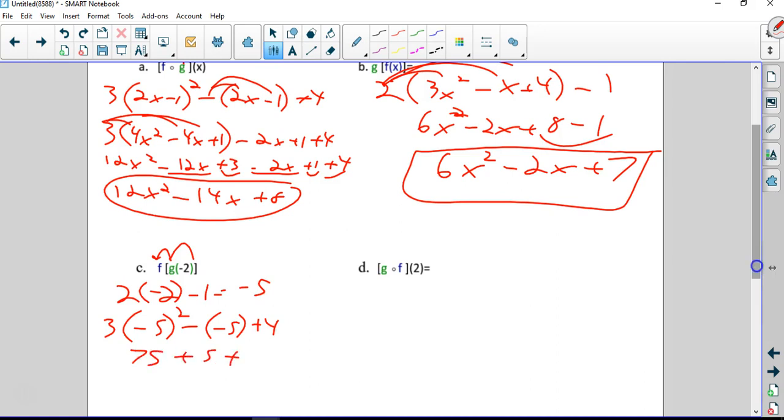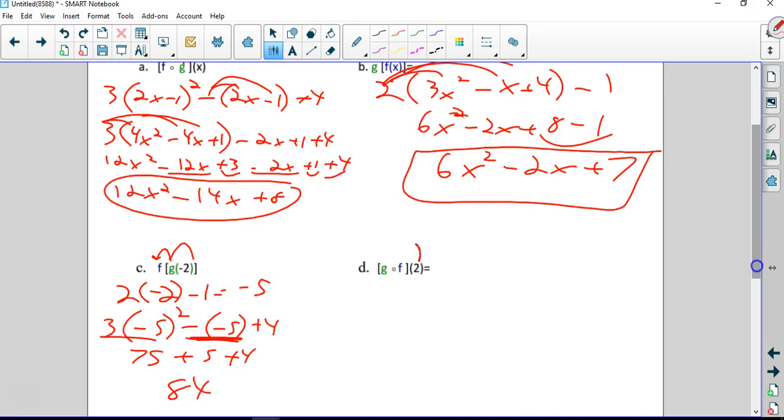Plus 5 plus 4. 84. One of the most common mistakes here is just writing minus 5 instead of minus negative 5. Second most common mistake is doing 3 times negative 5 first. Square the negative 5, then multiply by 3.